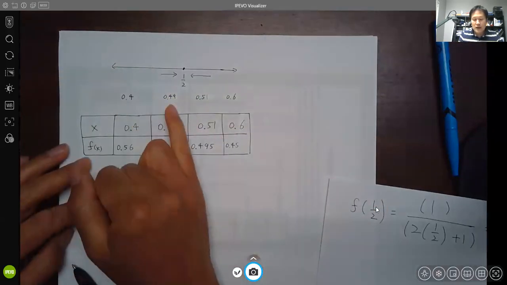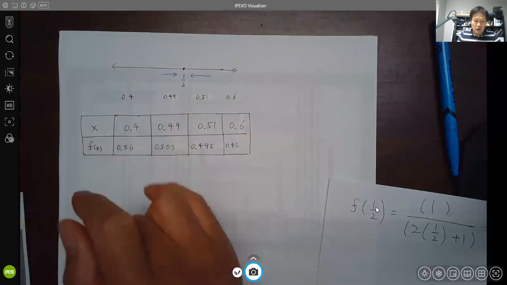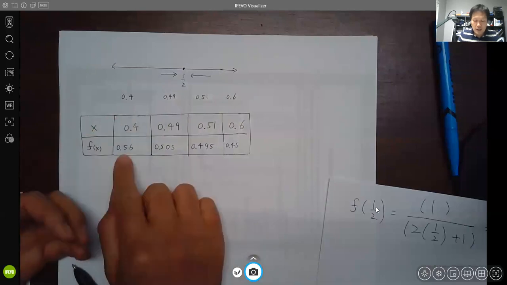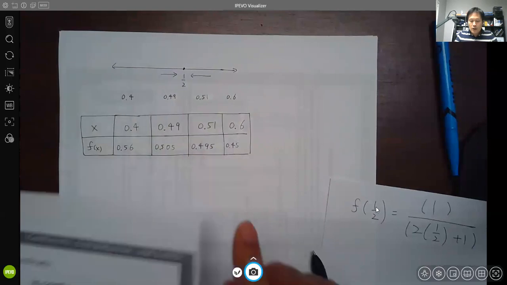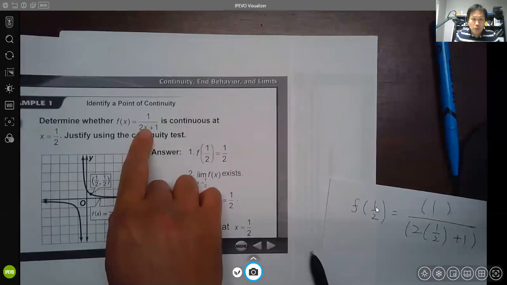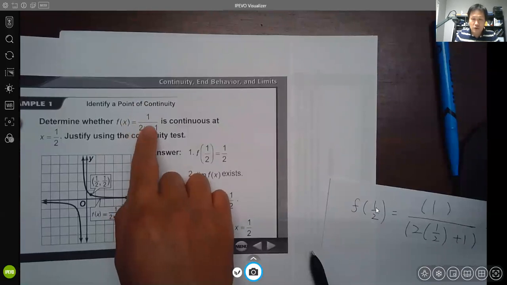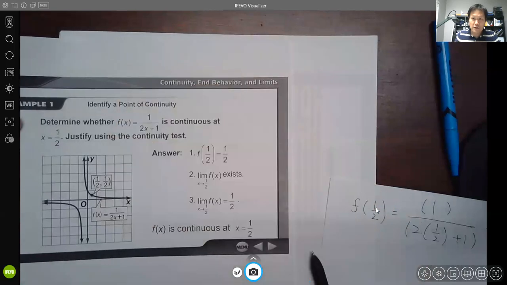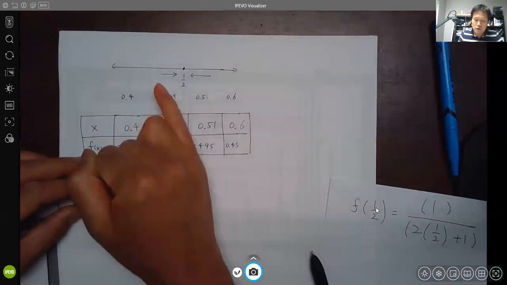I took those x values, plugged them into the function, and calculated the y value using the calculator. For example, I plug in 0.4 for x: 1 over parenthesis 2 times 0.4 plus 1. Of course, use parentheses. Plug in the x value, get the y value.